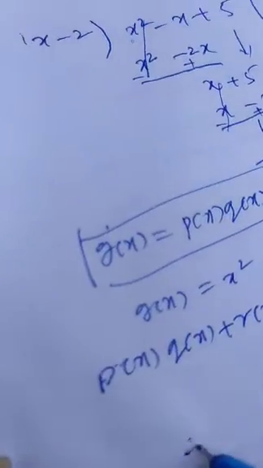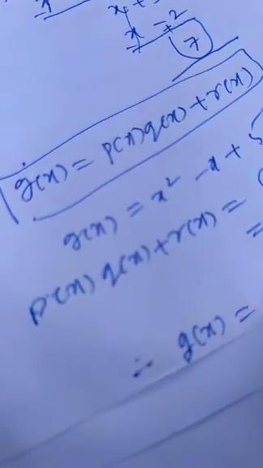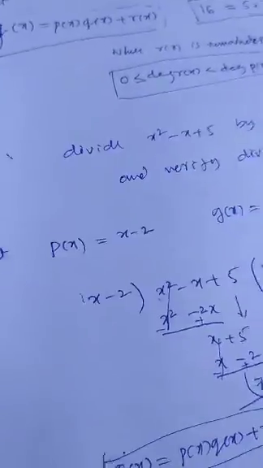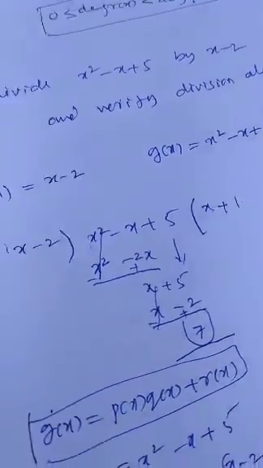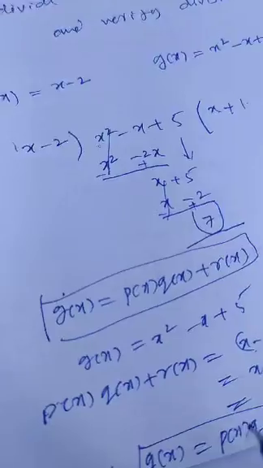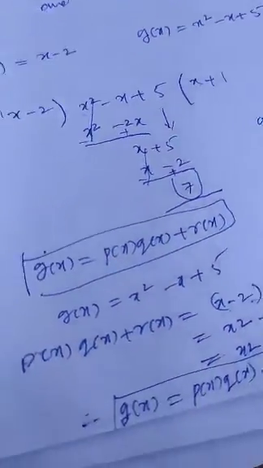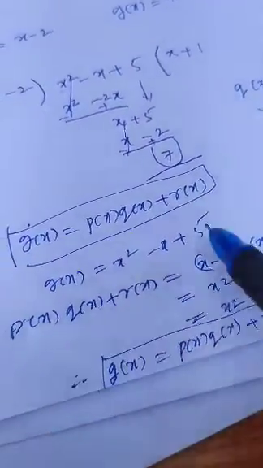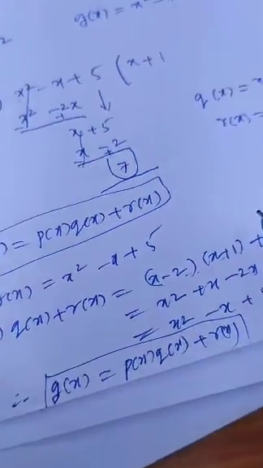That means this condition is always true: g of x is p of x, q of x plus r of x. So I verified the division algorithm. After dividing the given polynomial by the divisor polynomial, you get the quotient and remainder. If asked to verify the division algorithm, you have to show this relationship.